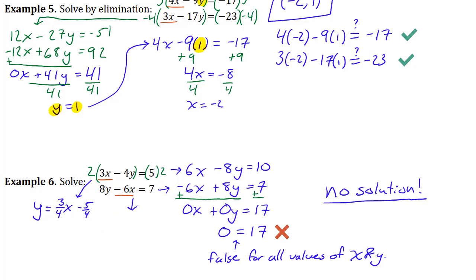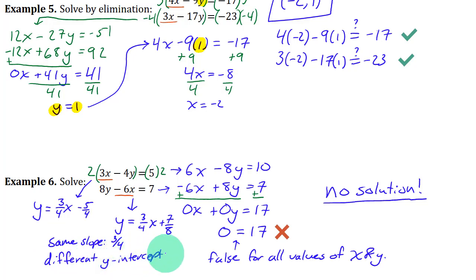And the second equation here is going to turn into y equals 3/4 x plus 7/8 after you solve that one for y. So these are two equations that have the same slope, which is 3/4, but different y-intercepts, either negative 5/4 here or 7/8.